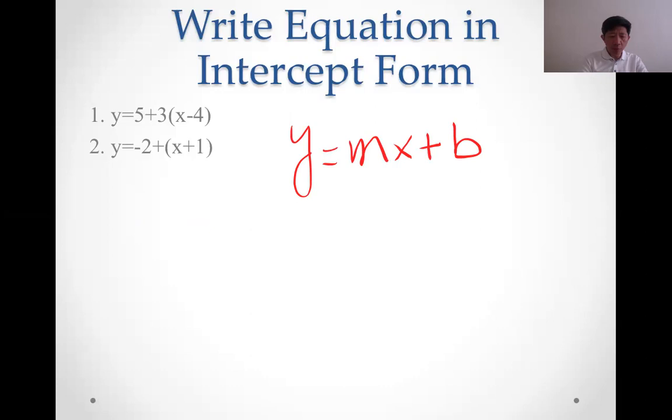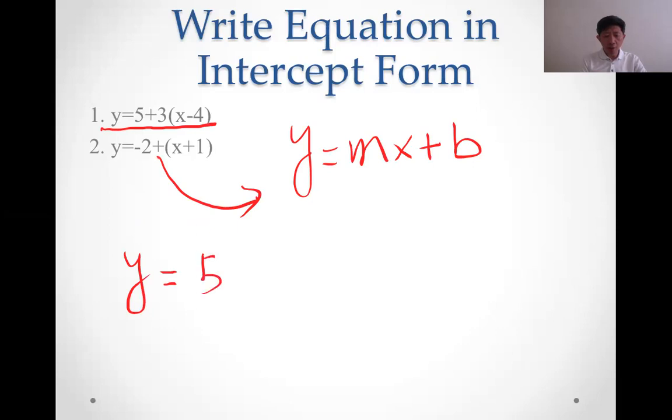So for example, number 1. We want to make it look like y equals mx plus b. So we take y equals 5 plus, we do the distributive property, so it becomes 3x minus 3 times 4, which is 12. Then we simplify this.